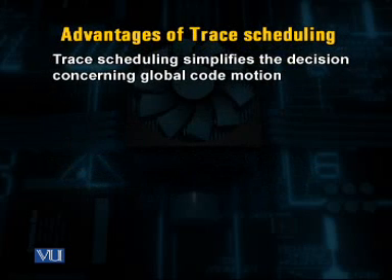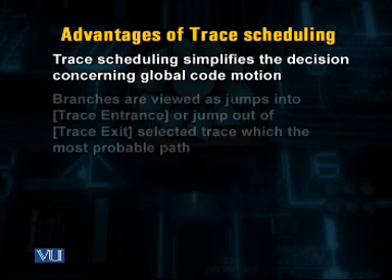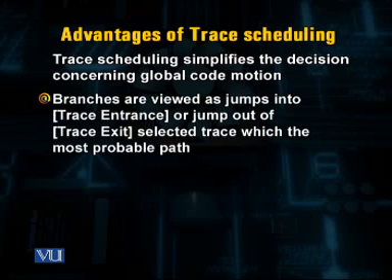Trace scheduling basically simplifies the decision concerning global code motion. Here, branches are viewed as jumps into the trace at the trace entrance point or jumps out at the trace exit point of the selected trace, which is the most probable path.